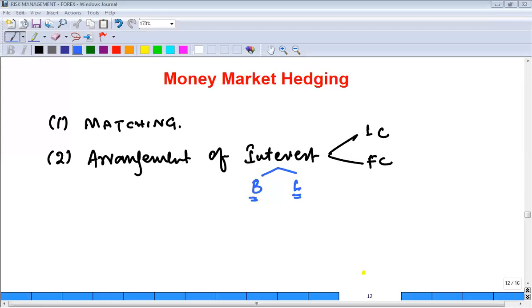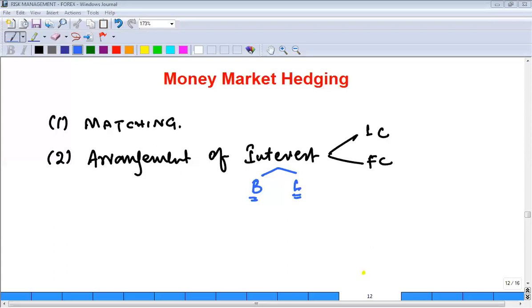The human psyche says that if there is a risk of liability, you counter it with an asset. This is the concept of matching. It's common sense. Matching means liability against asset, liability against asset.